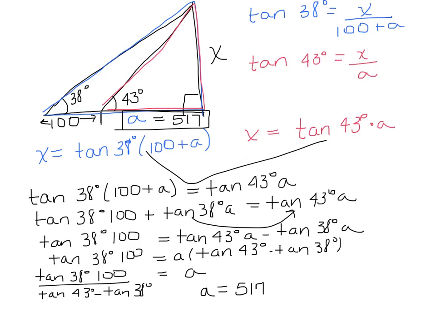So now A would be 517, and I can use that to help me solve for x. I'm going to use this triangle over here. So I'm going to have tangent 43 degrees equals opposite over adjacent. Multiplying both sides by 517, I'm going to get x equals 482 units.